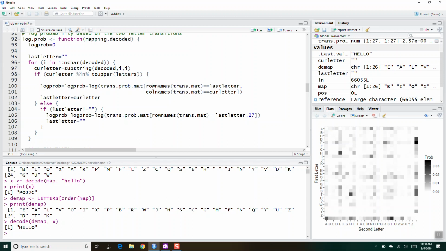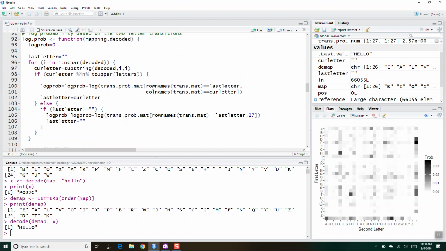And then it looks up in the matrix the row for the last letter and the column for the current letter, okay? And that will tell you, like, you have T followed by H, go to the row for T, go to the column for H. It's going to find that value, throw it in the log function, and add that to the log probability.